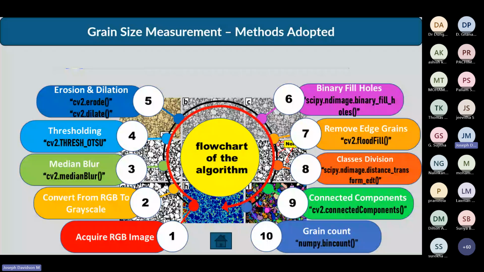Then we took another set of images and systematically did some exercises: grayscaling, median blurring, thresholding, erosion and dilation, binary filling and removing the edges. We have done some class divisions, connected those things, and tried to count the grains.